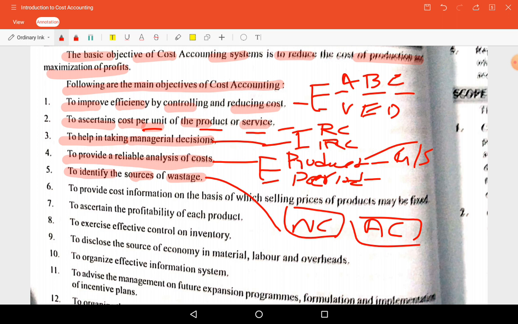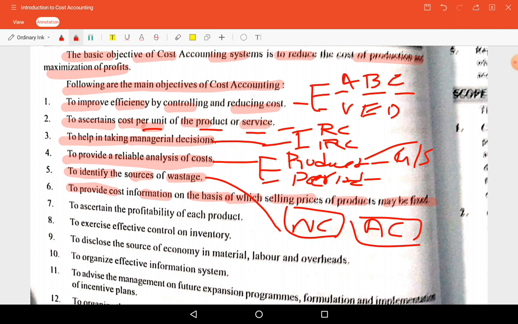So if you identify where wastage is taking place, that wastage will be controlled and minimized so that cost can be reduced. That is why cost accounting is important to identify the sources of wastage, and to provide cost information on the basis of which the selling price of the product may be fixed.